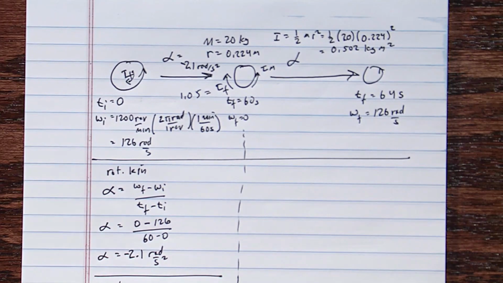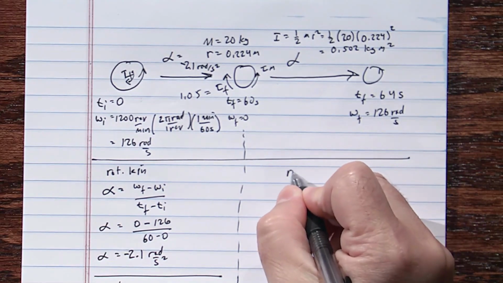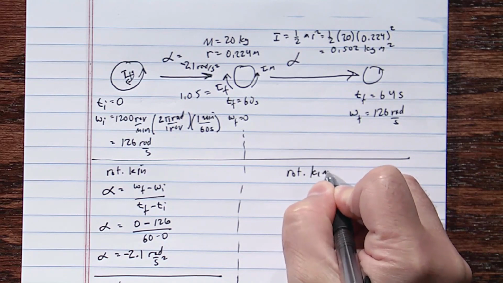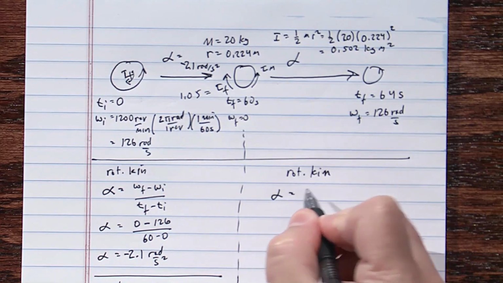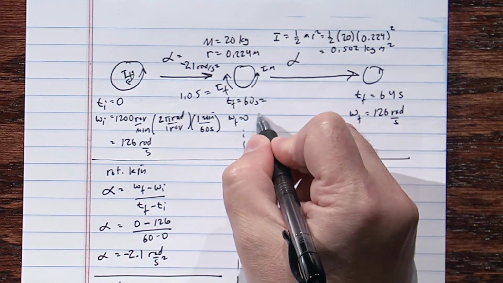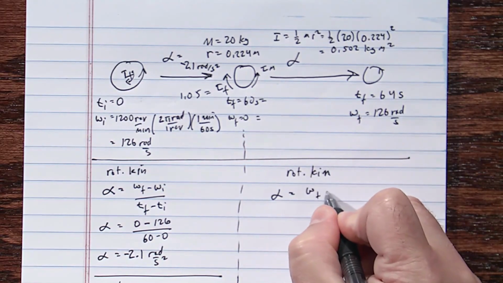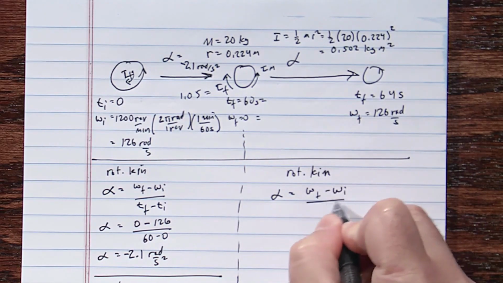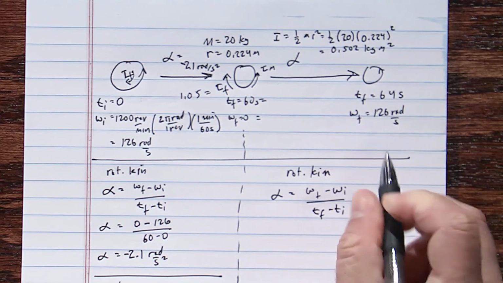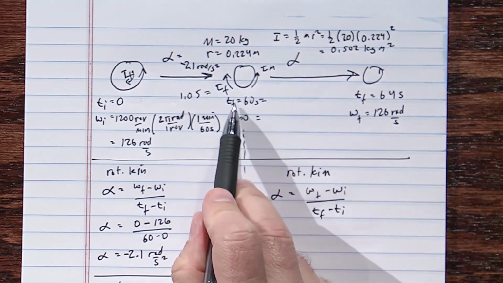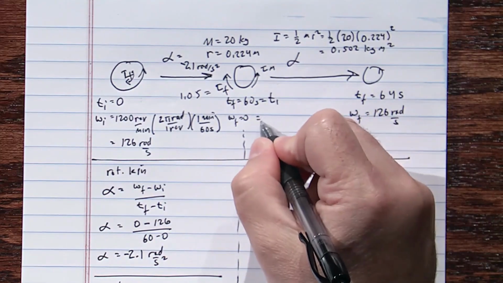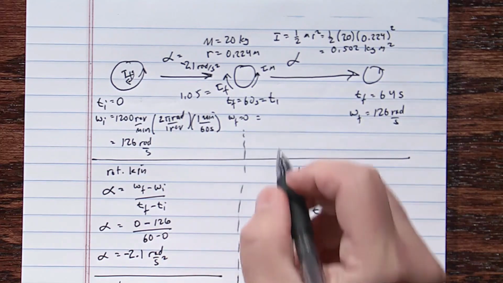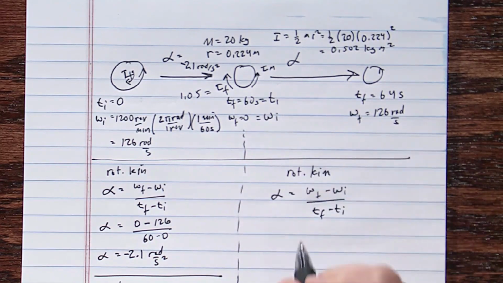Well, we do the same thing over again. Rotational kinematics we'll use to calculate our angular acceleration. Alpha is equal to omega final minus omega initial over T final minus T initial, where our T final from before is now our new T initial, and our omega final from before is our new omega initial.